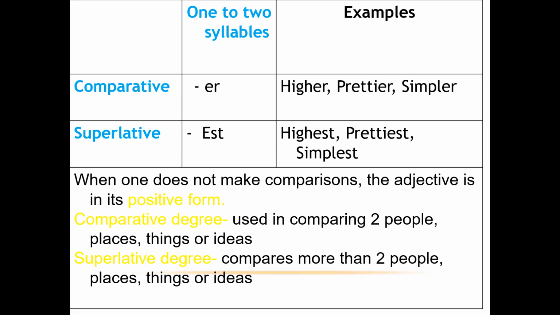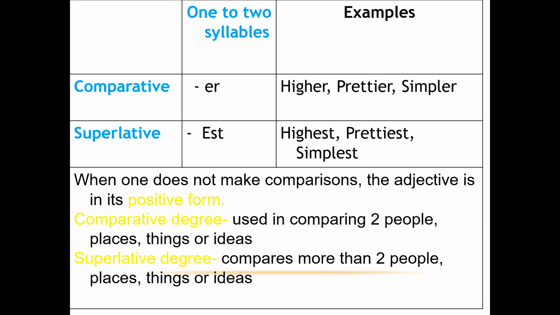Words with ER are comparative, and words where you add EST you put in the superlative form. Higher, prettier, simpler, highest, prettiest, simplest. When one does not make comparisons, the adjective is in its positive form.